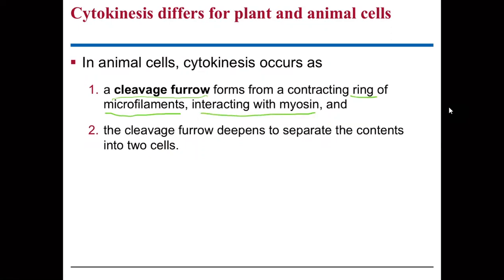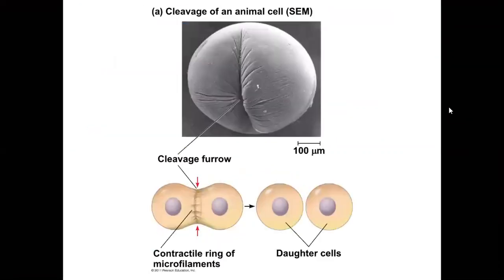And then after, so this would be your cell, there would be a cleavage furrow. And eventually this cleavage furrow would just deepen and would eventually divide the cell into two separate cells. Okay, so this is a better illustration.